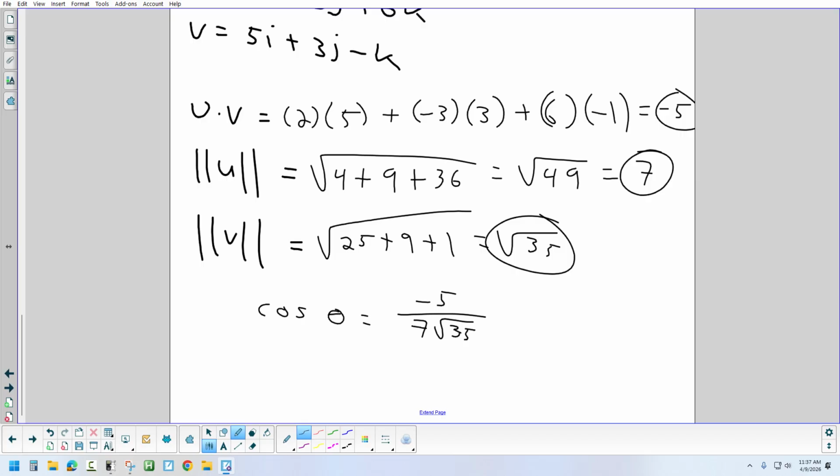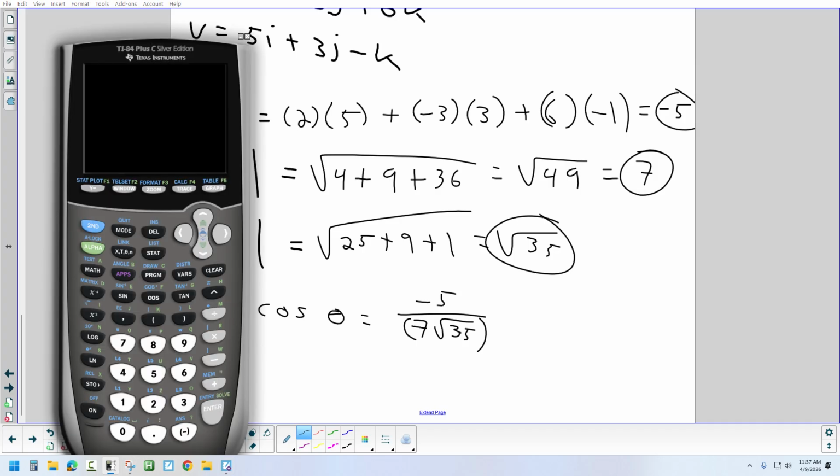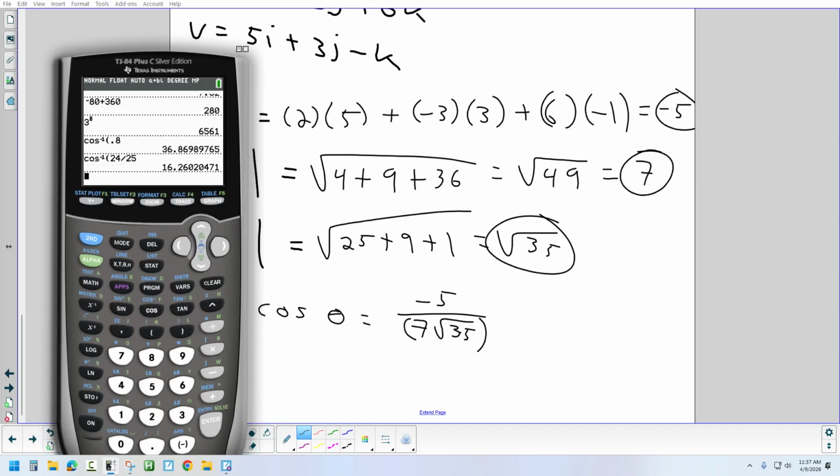Remember, though, because the denominator has a product in it, you need to put the denominator in parentheses on the calculator. So type it in just like this: negative 5 divided by 7 root 35. So the angle between these two vectors is 96.93.